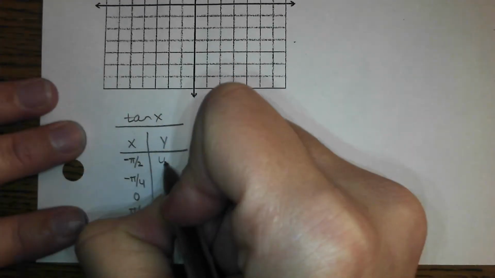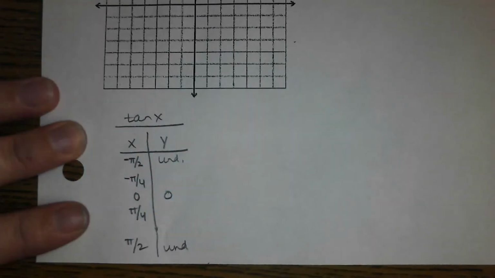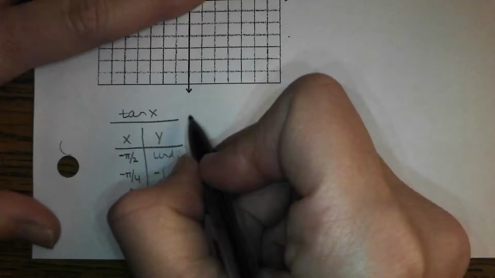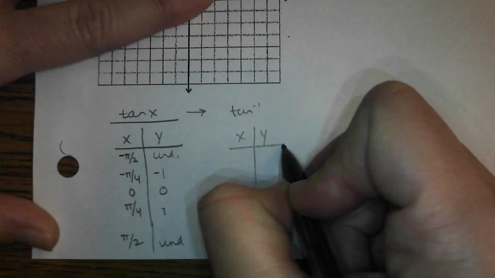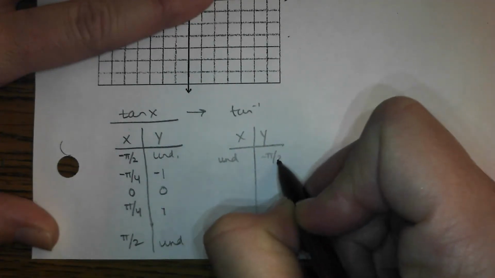So this is undefined. This is undefined. Tangent of 0 is 0. Tangent of negative pi over 4 is negative 1. Tangent of pi over 4 is positive 1. Then we're going to go to the inverse tangent and just flip everything.